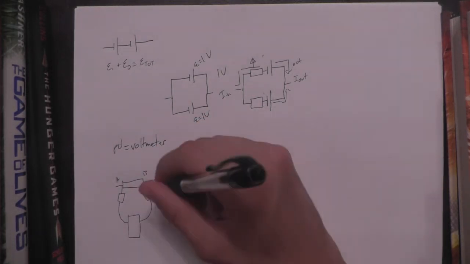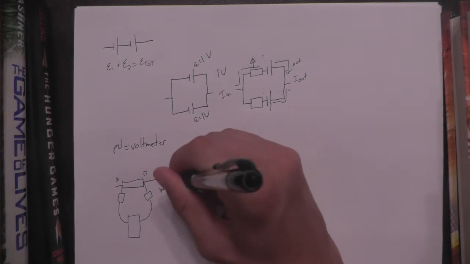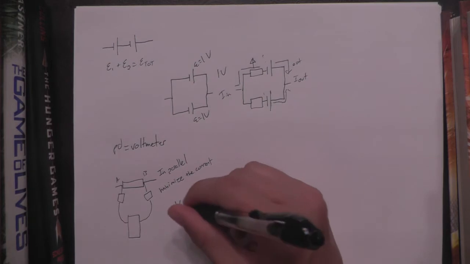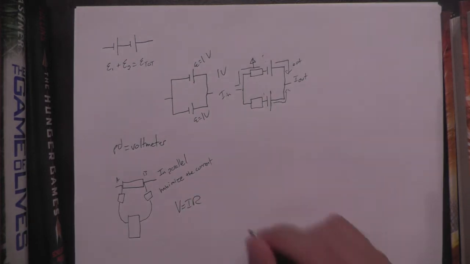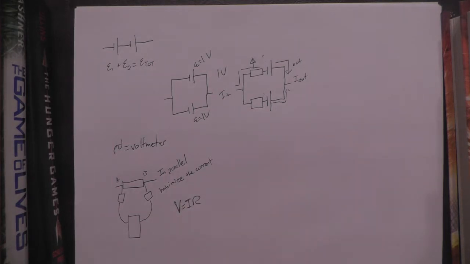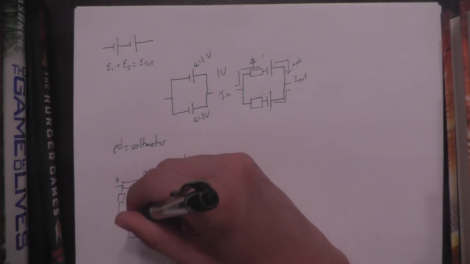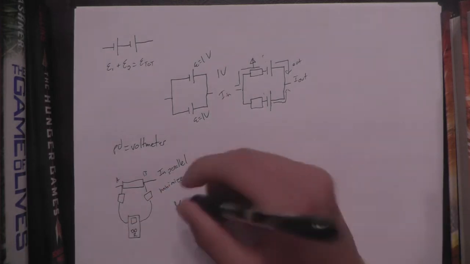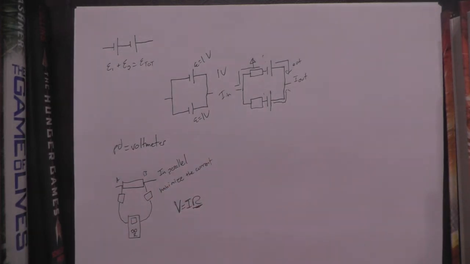Why? Because you want to minimize the current. Because V equals IR, so if you have a big current, it's going to make your potential difference appear larger than it actually is. That is why your voltmeter ideally wants to have infinite resistance so it can repel all that current, because things with high resistance don't allow a good current.